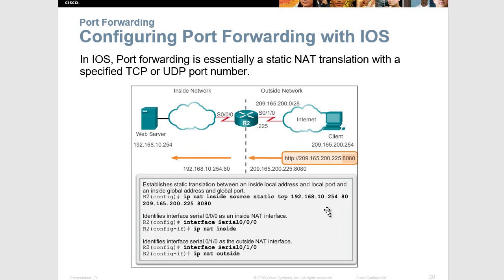That's what you're setting up, forwarding to an IP address and a port based on the destination IP address and port out here, your public destination IP address and port. So that's how it's going to work. Setting it up on the interface is the same as the other processes we discussed. Interface serial, that's it. NAT inside, NAT outside.